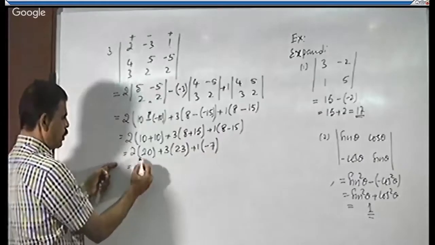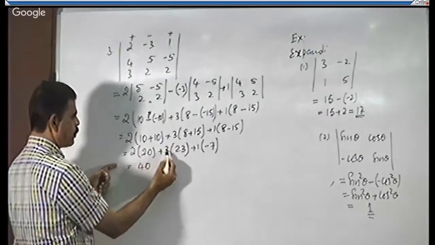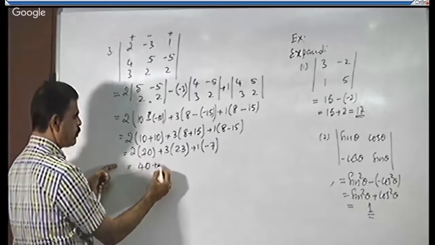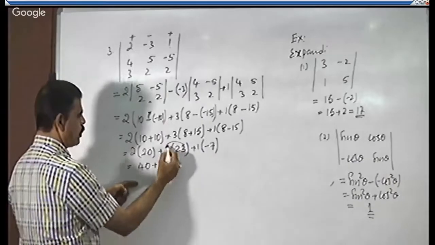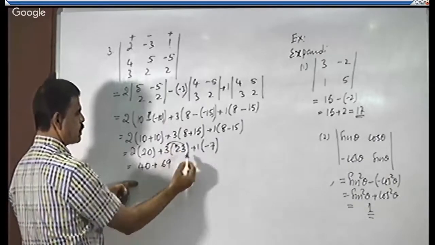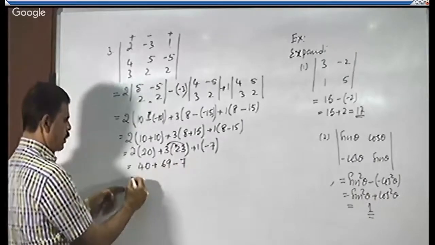Now remove the bracket. 20 into 2, it is 40, plus into plus, it is plus 23 into 3. 3 3s are 9, 3 2s are 6, 69. Plus into minus is minus, 1 into 7 is 7.